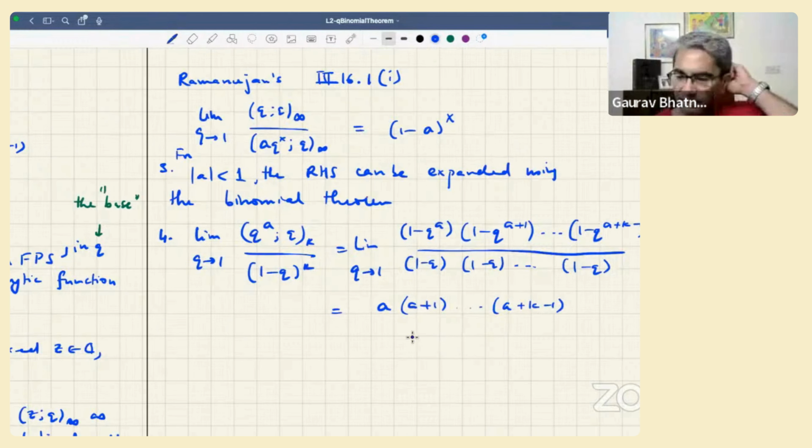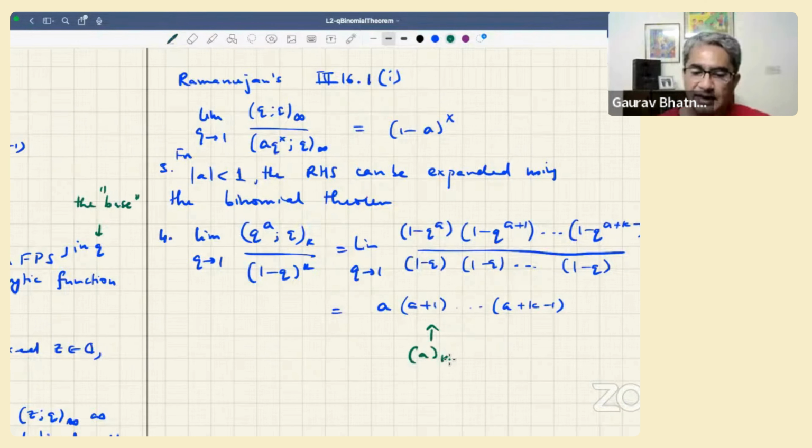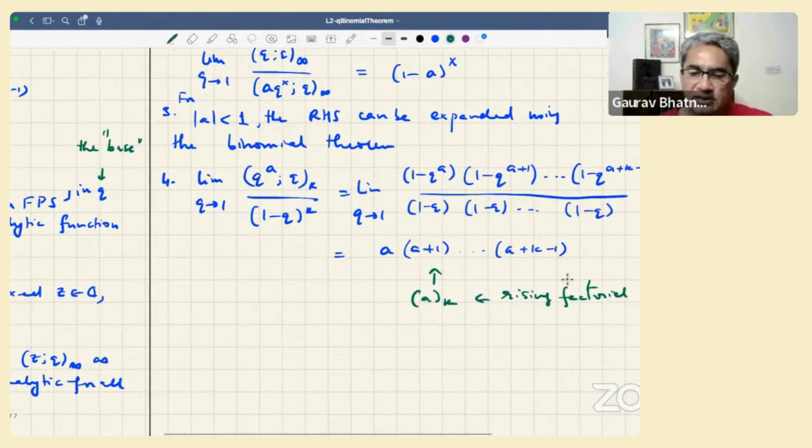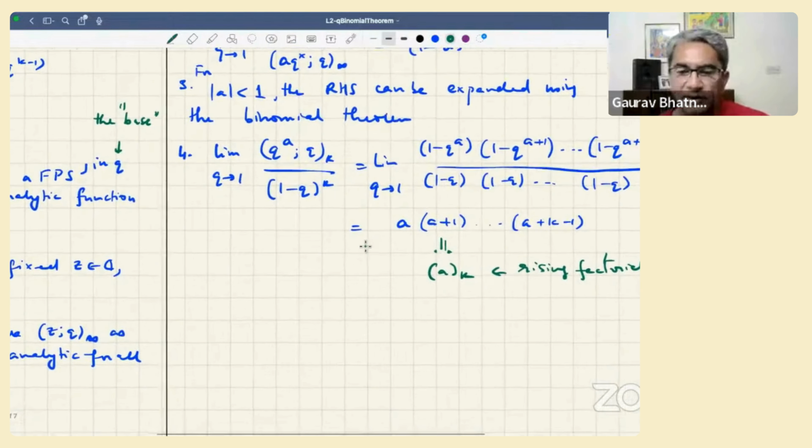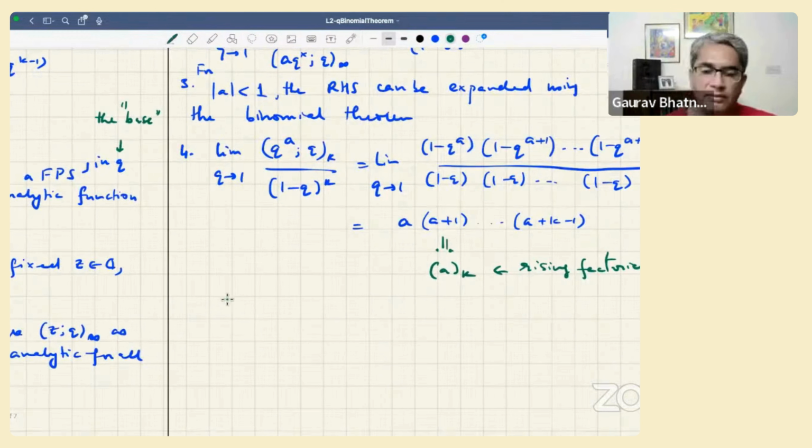And each of these, you can take the limit. So this is denoted as (a)_k. This is a rising factorial, and so this is the definition. You can define the rising factorial like this. And we note that (1)_k is k factorial.